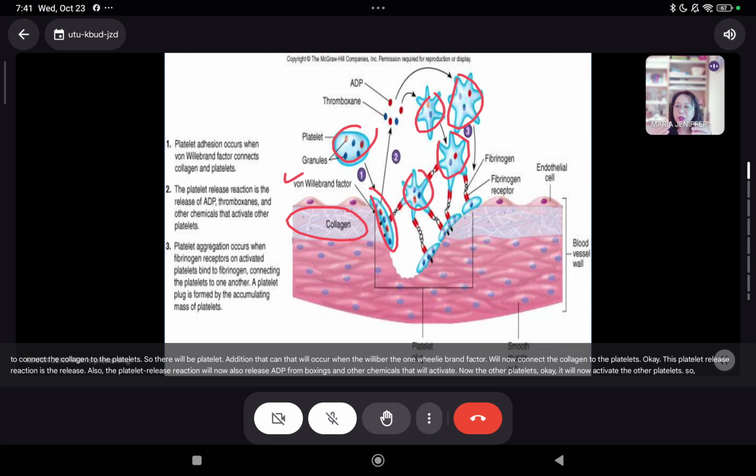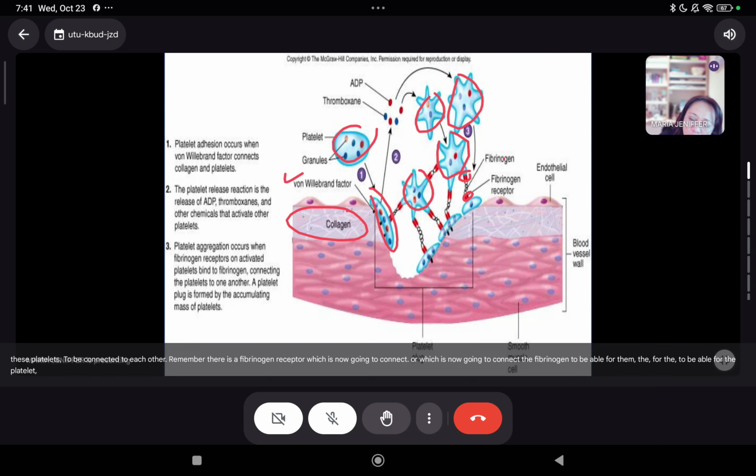For these platelets to be connected to each other, remember, there is a fibrinogen receptor which is going to connect the fibrinogen so that the platelets can connect to each other. That is why fibrinogen is very important.